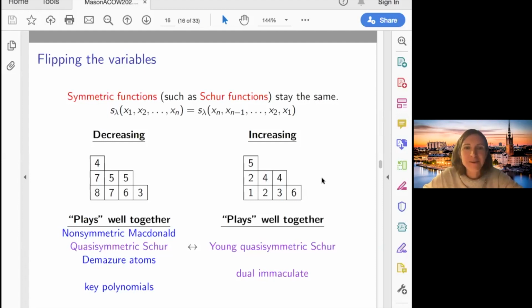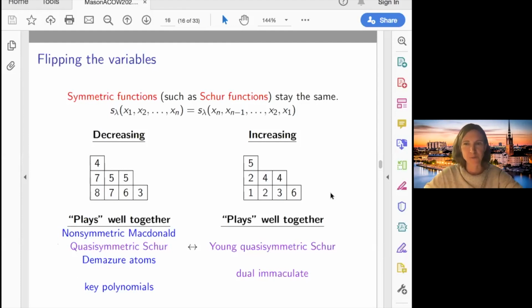When we looked at which functions play nicely with the Young quasi-symmetric Schurs and which objects play nicely with the quasi-symmetric Schurs, one thing we noticed is that the things that play nicely with quasi-symmetric Schurs tend to have tableau models where their row entries decrease, whereas the Young quasi-symmetric Schurs and the dual immaculates have tableau models where the row entries increase.